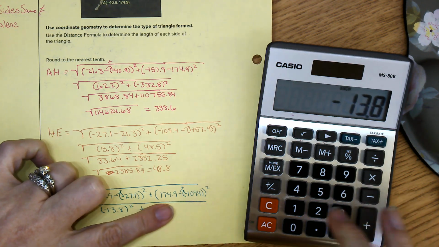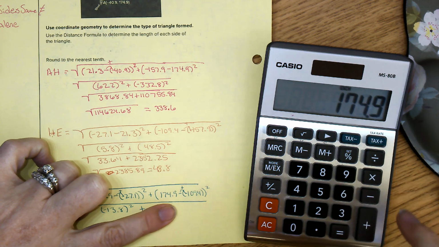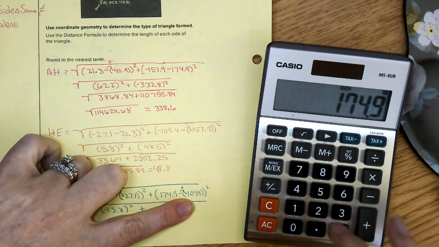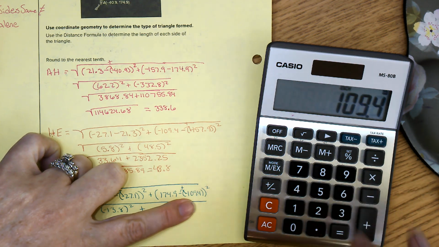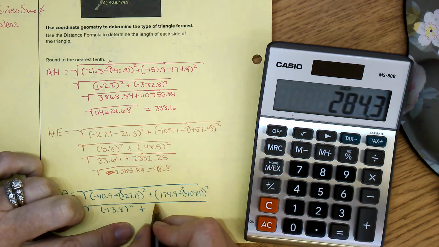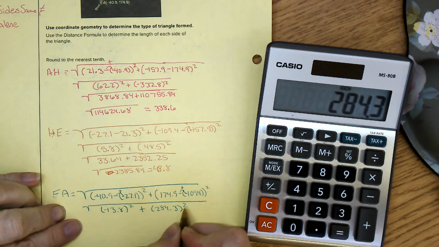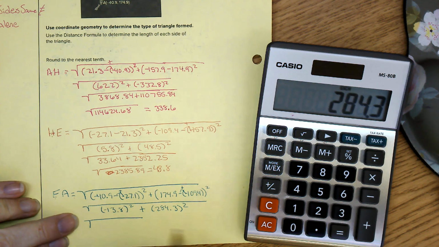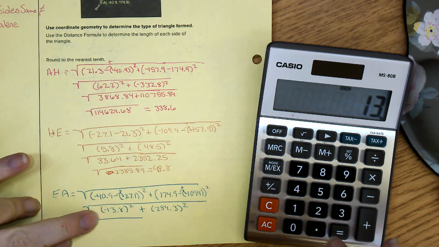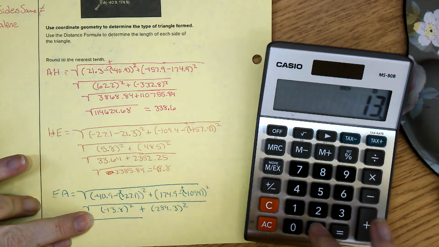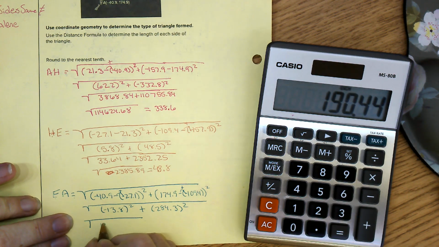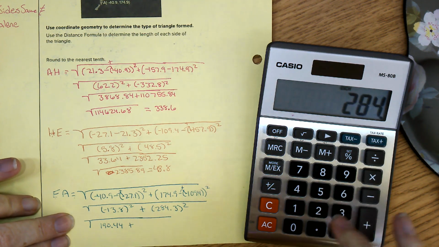Then 174.9, negative times a negative is a positive, 109.4, gives 284.3 squared. Let's square some numbers. 13.8 times 13.8 equals 190.44, plus 284.3 times 284.3.